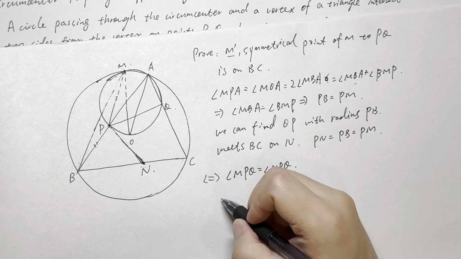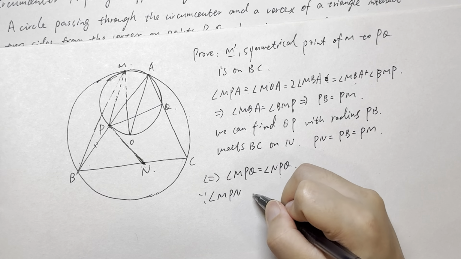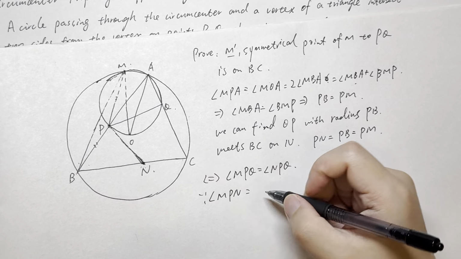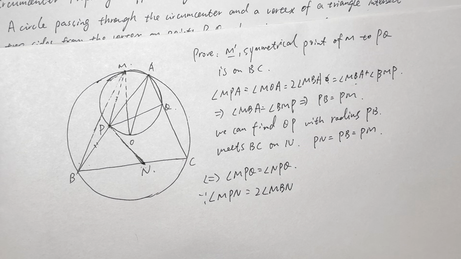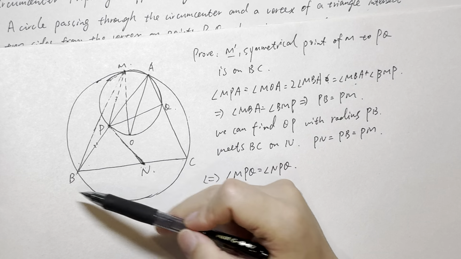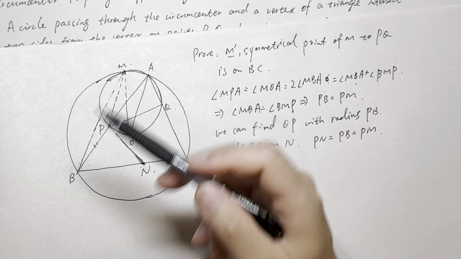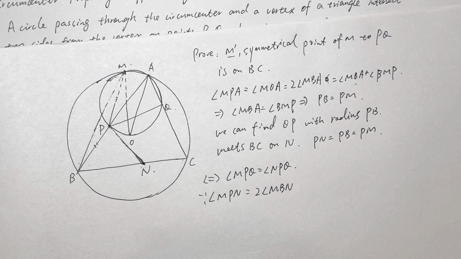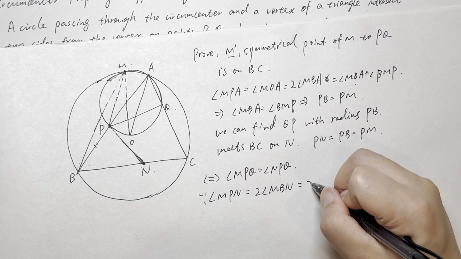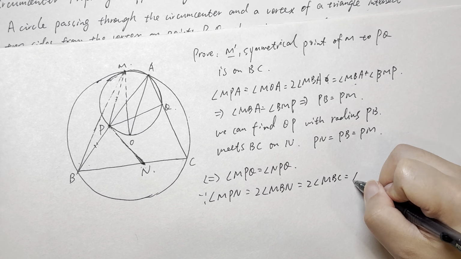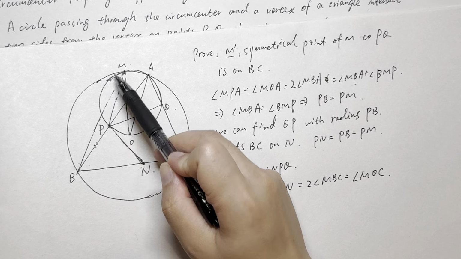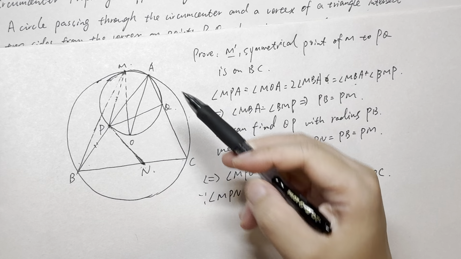So let's look at the angle MPN. The angle MPN equals twice angle MBN, because M, B, N are on the circle with center P and radius PB. So angle MPN equals twice angle MBN, and that equals twice angle MBC, which equals angle MOC.